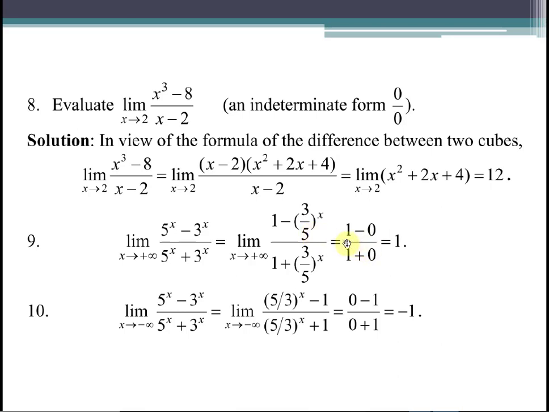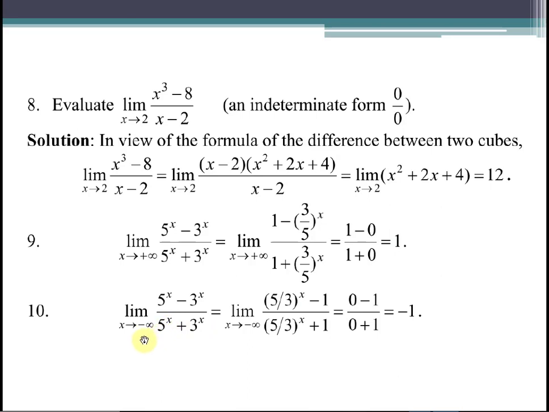And we have here it goes to 0 because it's less than 1. The base is less than 1. 1 minus 0, and in the denominator the same. So we have again the base less than 1. So if the base is less than 1 and the power tends to plus infinity, it tends to 0. That's why the answer is 1.